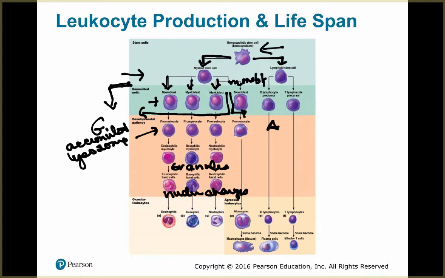And basically, once they become these mature granulocytes down here, this is going to be once the nuclei get segmented, you can start seeing their bilobal or multilobes, right? They're going to be released into the blood.